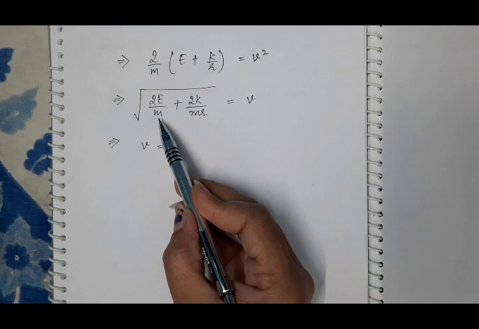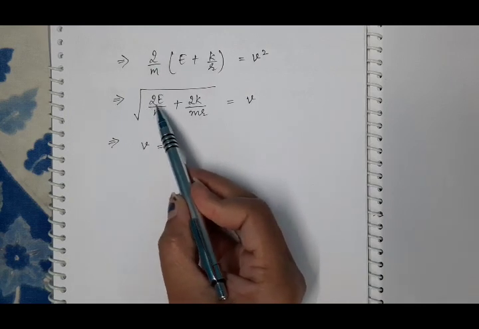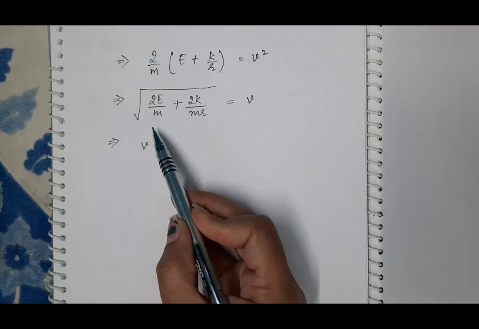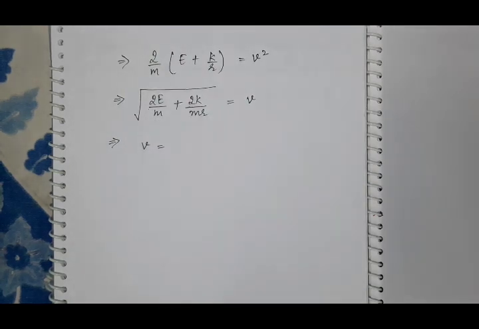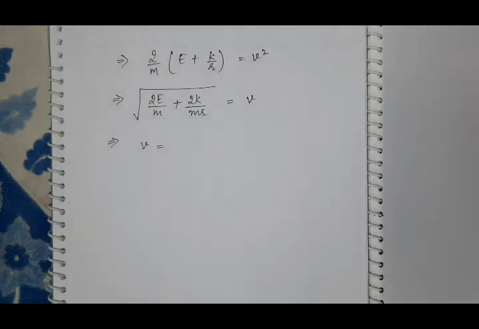In the statement of this numerical, instead of 2e by m, we have k square by l square into e square minus 1. It means we have to write the expression of energy in terms of eccentricity.